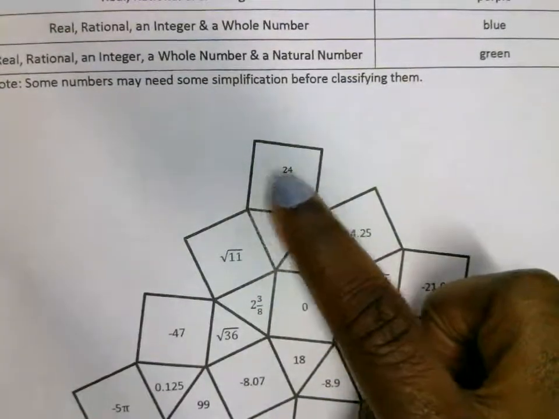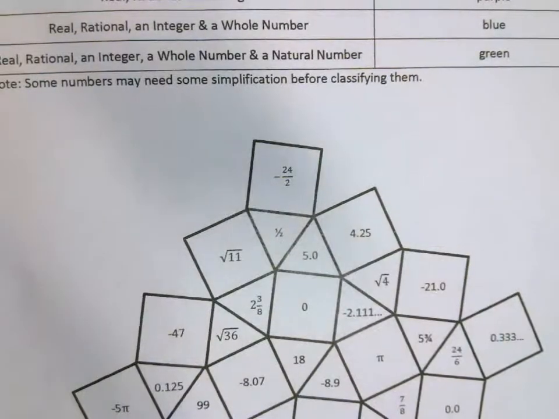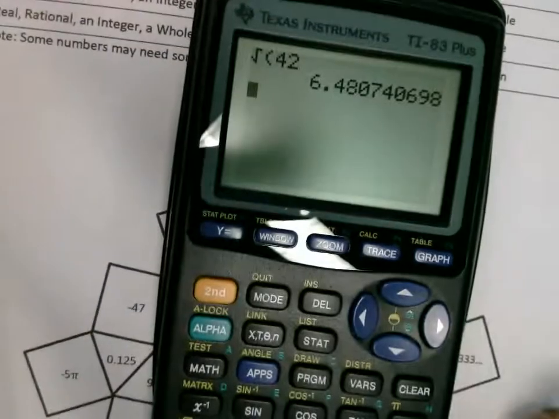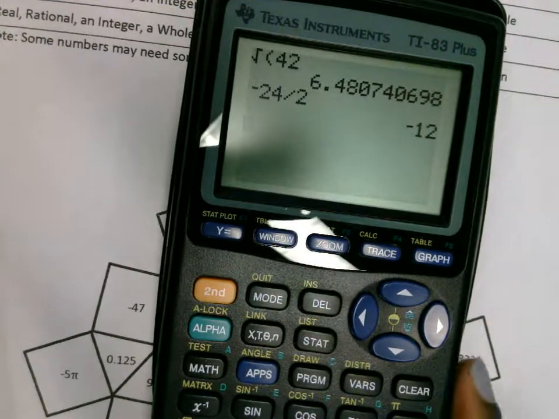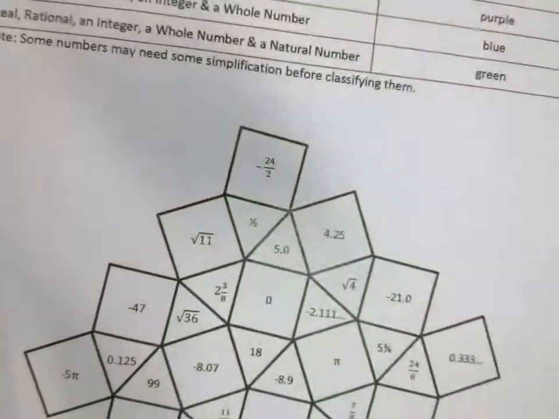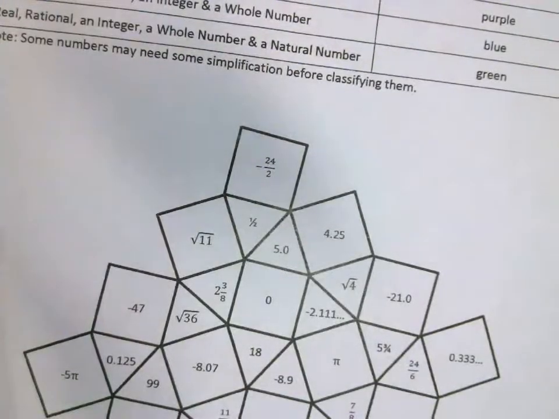All right. What's negative 24 divided by 2? You have your calculator. Type that in. Negative 12. Is that a whole number? No, it's not a whole number.